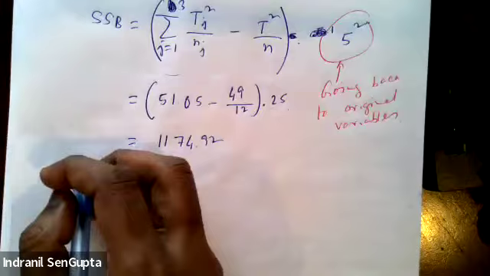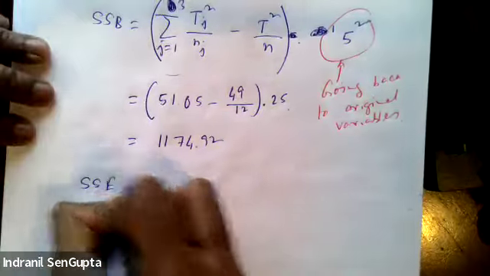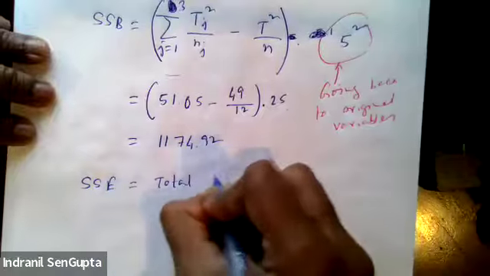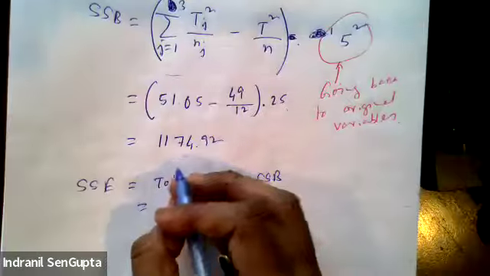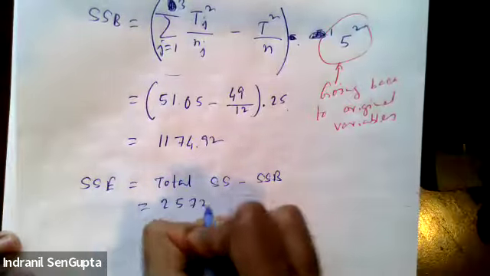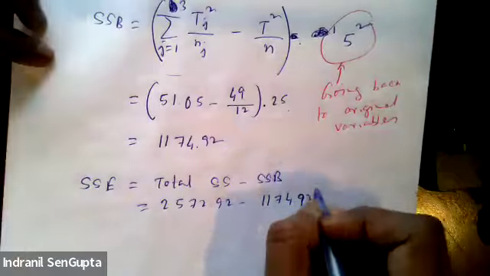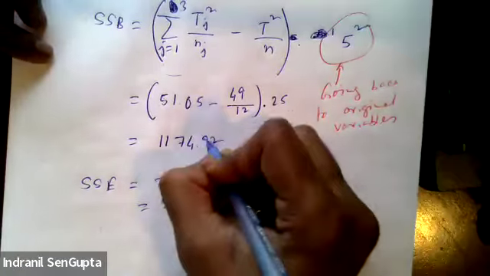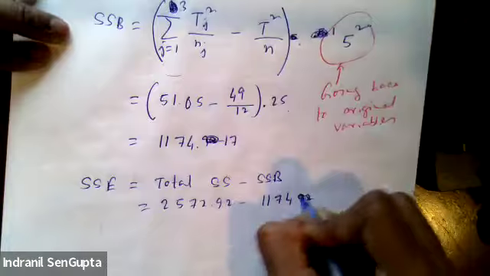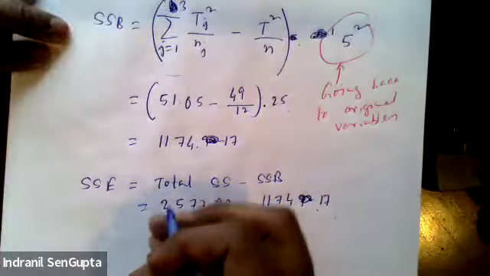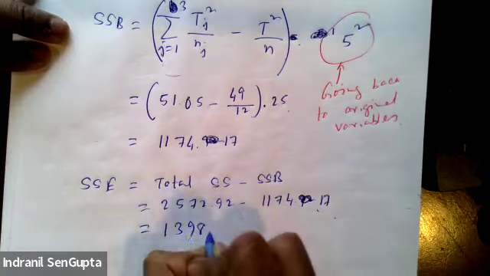And therefore, what's next? Then we'll compute SSE. SSE is the total SS minus SSB, and we have already computed both. So it's 2572.92 minus 1174.92. Sorry, it's not 92. It's 1174.17. So this is going to be 1398.75.